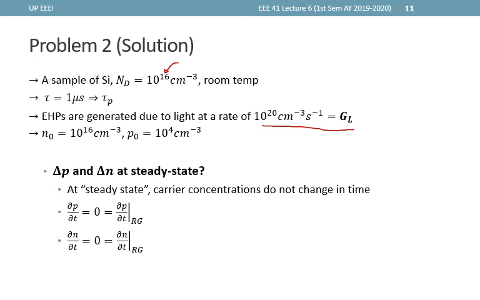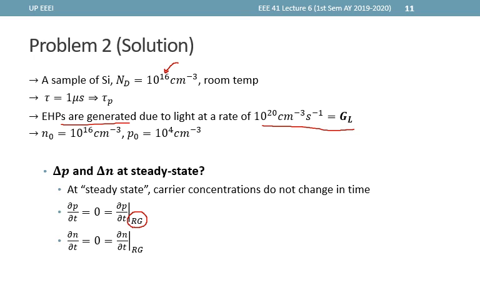And since there is no other phenomenon that can change our carrier concentrations in time except for Rg, then we'll just equate the time derivative of delta P with Rg. Now note that this Rg here already combines the Rg due to the indirect thermal recombination and also the generation due to light.